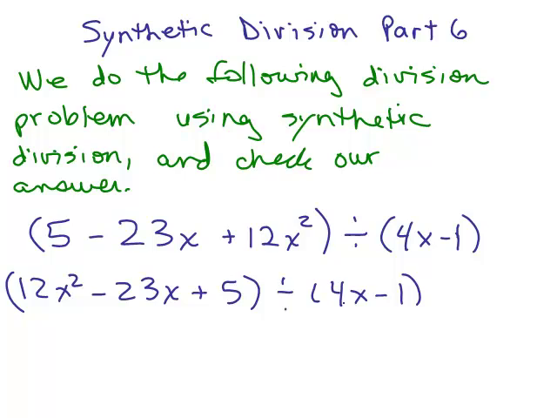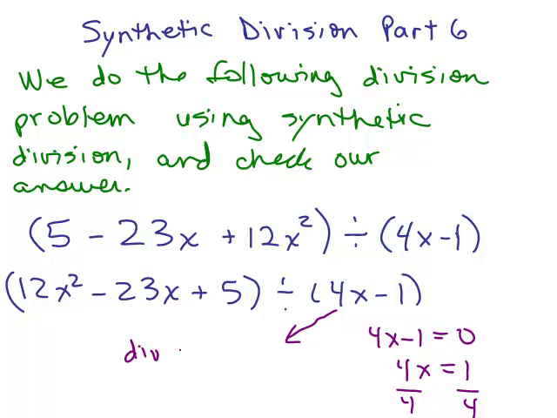Okay, what's the next step? You take this part here, the 4x minus 1, set it equal to 0, and that's the number that goes in the little box. And what about this 4? How does that affect the problem?